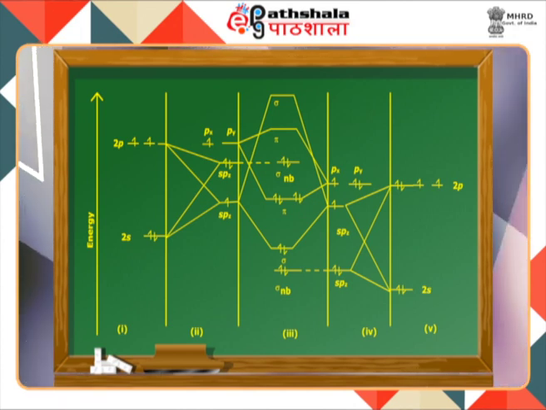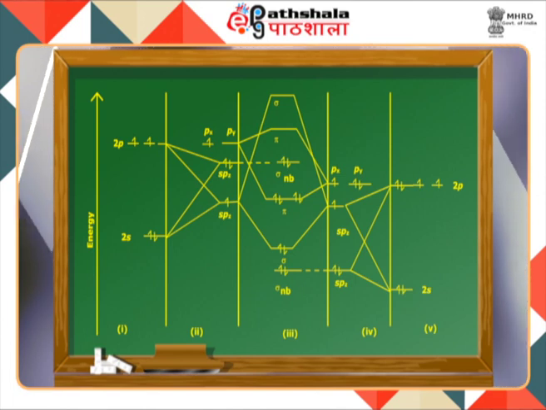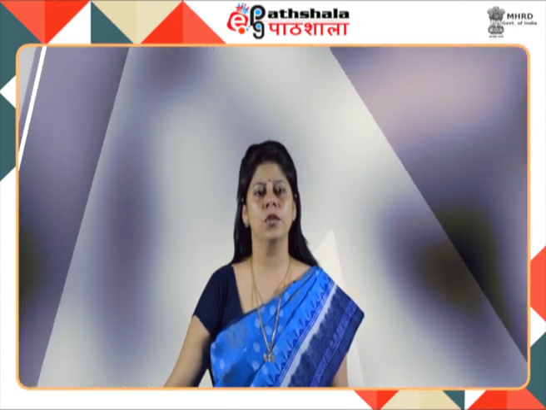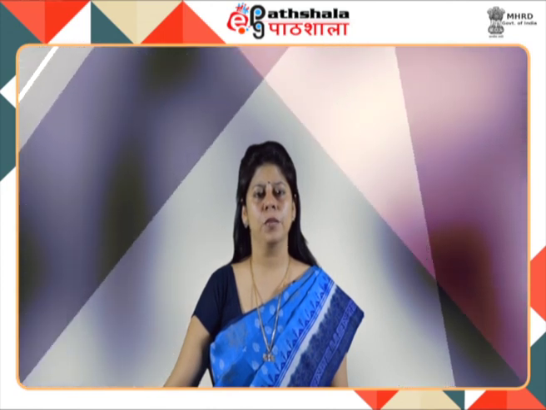You can see from this diagram the sigma bonding molecular orbital, the pi bonding molecular orbital and pi star antibonding molecular orbital. The molecular parameters of carbonyl molecule are: bond order equals 3, bond length equals 1.131 angstrom, bond energy equals 1072 kilojoules per mole, magnetic property is diamagnetic, IR absorption peak at 2143 cm inverse.